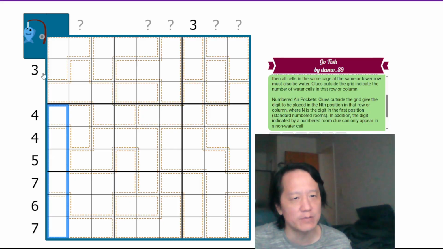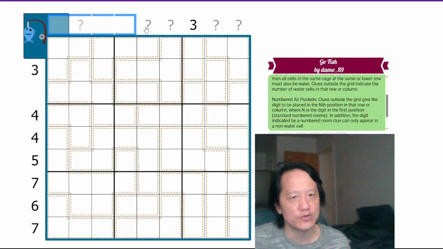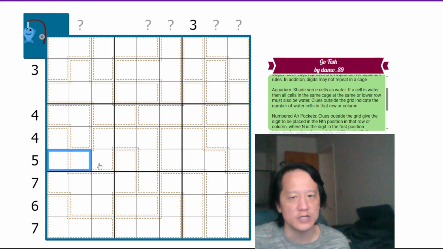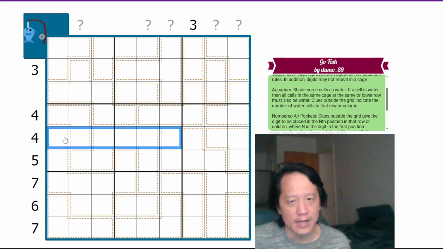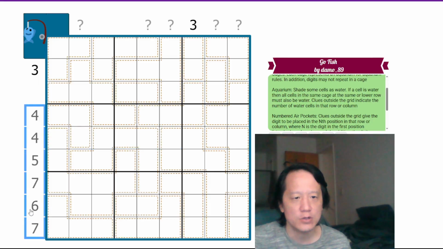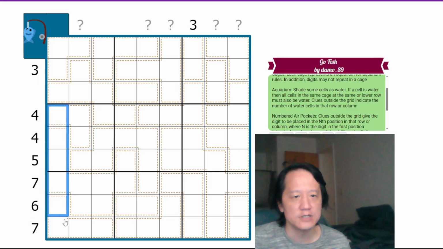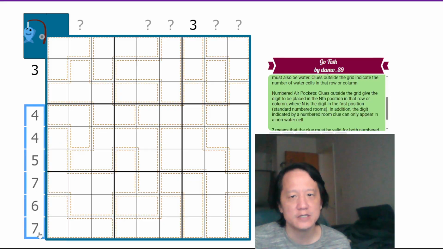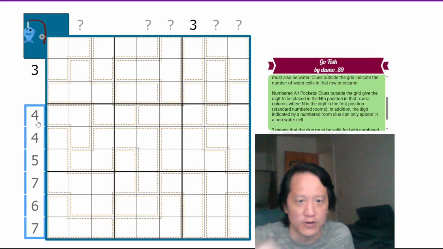So these numbers outside of the grid serve double duty as the number of water cells in each row or column, and as a numbered rooms clue, where n is the digit in the first position, and the digit to be placed is the clue outside of the grid.